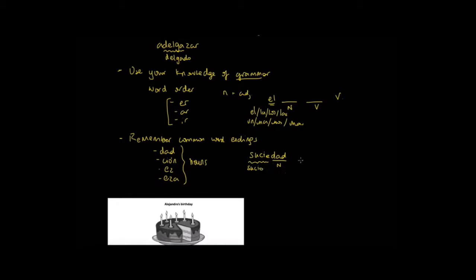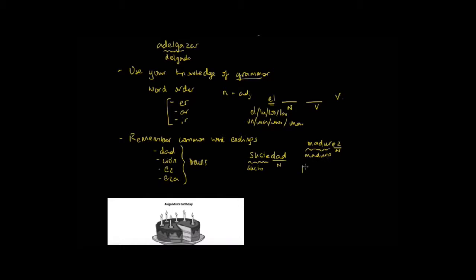Okay. Another example: madurez, ending in ez. As soon as you see it's ez, it's very likely a noun. Even if you don't know what madurez means, you know that maduro or madura is mature. So madurez is maturity.